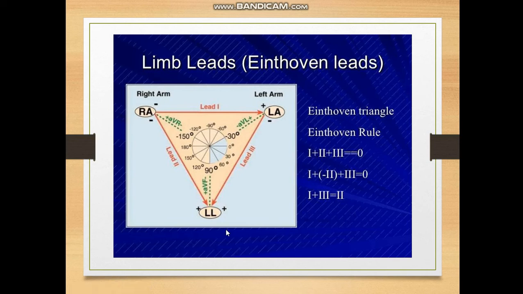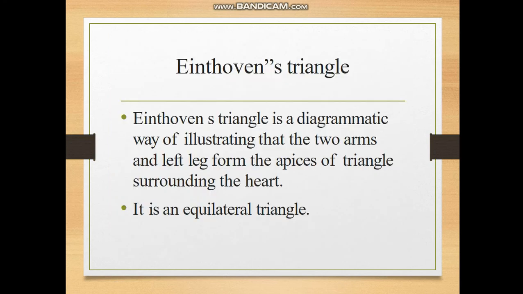That means if we add lead 1 and lead 3, it is equal to lead 2. The amplitude of the QRS complex in lead 1 plus the amplitude of the QRS complex in lead 3 is equal to the amplitude of the QRS in lead 2.